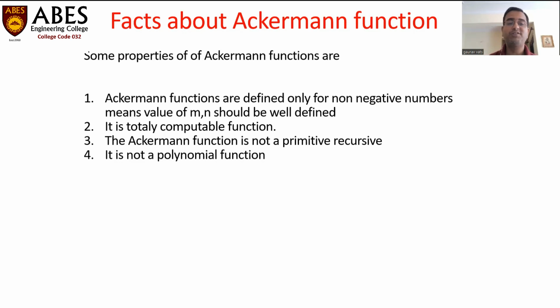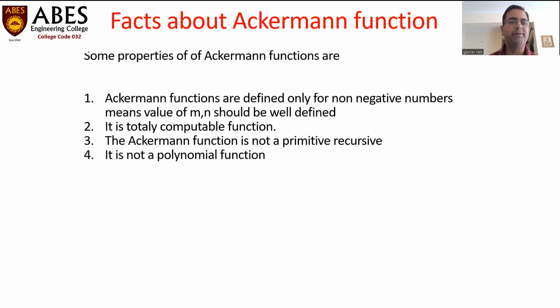But for larger values, it will provide a very big result. The third fact is that the Ackermann function is not primitive recursive. Primitive recursive means a function is doing simple operations like addition, subtraction, or something like that.